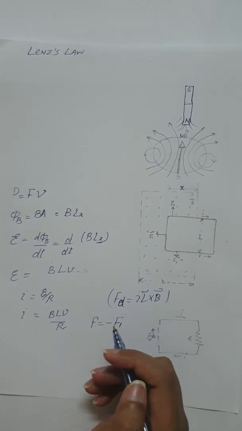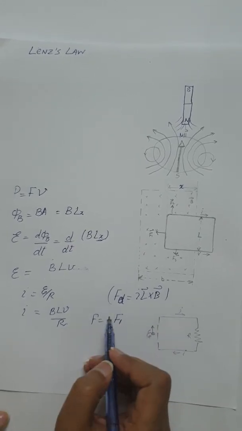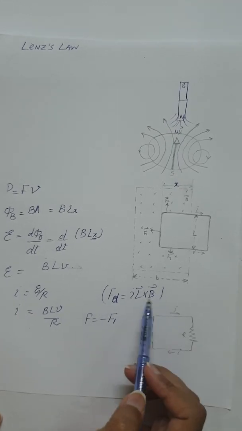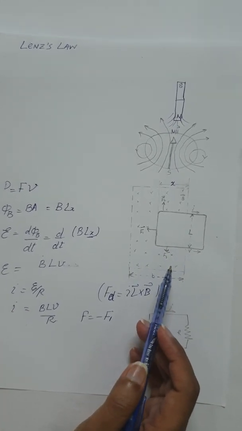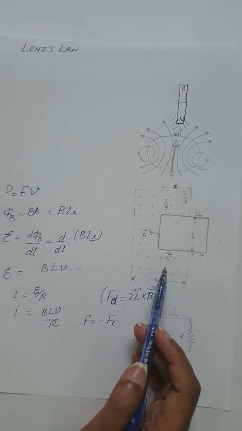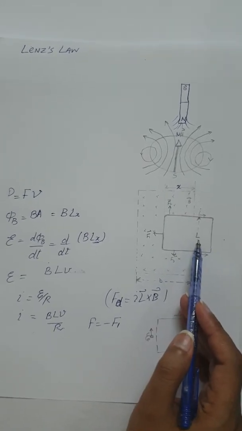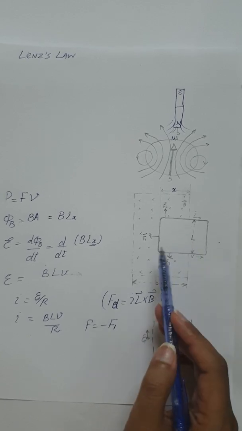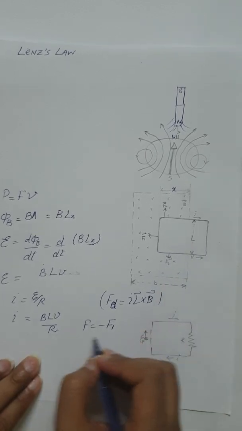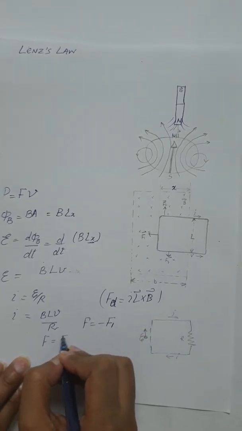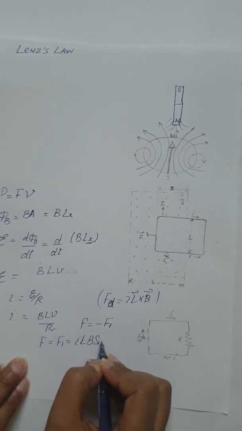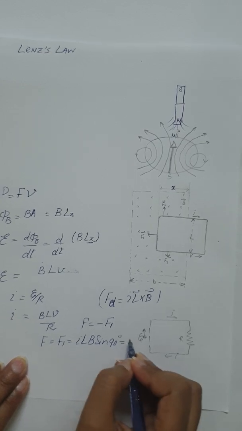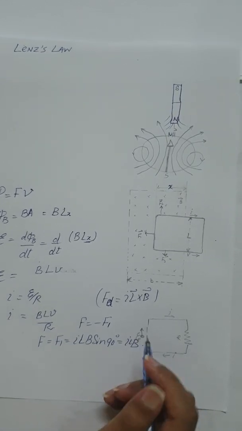Then to obtain the magnitude of F1, we need to look into the angle, and the angle between the magnetic field and the length vector for the left segment is 90 degrees. So we can write F1 is equal to ILB sin 90 degrees, which is equal to ILB.